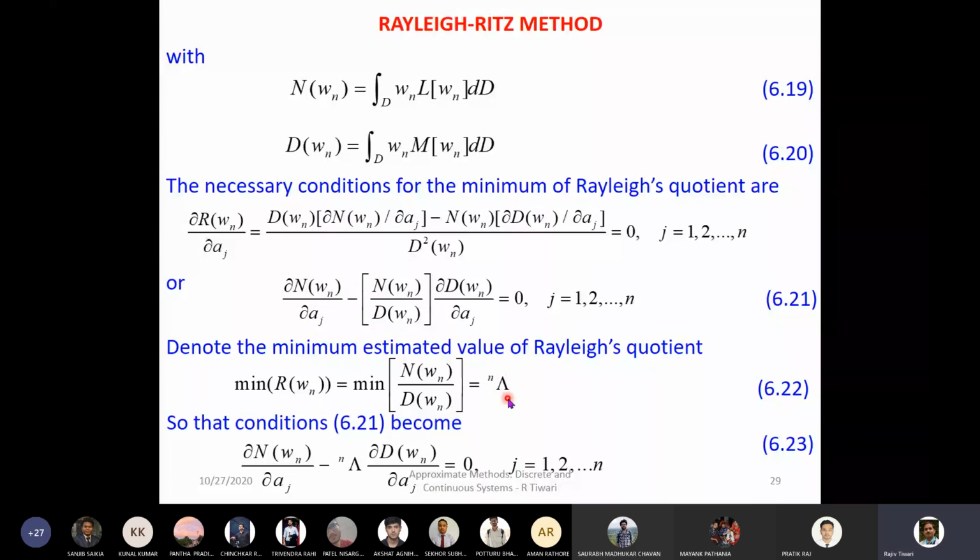So this inverted v represents the approximate eigenvalue, I should say. We know that the Rayleigh's quotient gives the eigenvalue, so that is the same expression, but this is an approximate eigenvalue. So this term I am introducing here. This ratio is the approximate eigenvalue, which is minimized according to this criterion, and this is the same as this. Here j can take values from 1 to n.